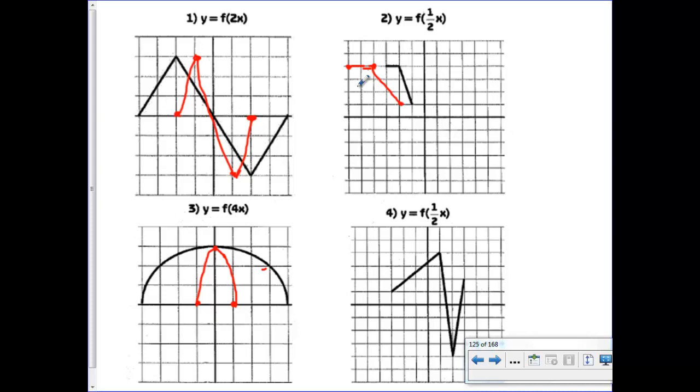Basically, if your number is inside the bracket with x, you can take a point, put it on the x value, and divide it, or multiply it, depending on which way you're going. Since this guy was 1/2, we're going to multiply it by 2.